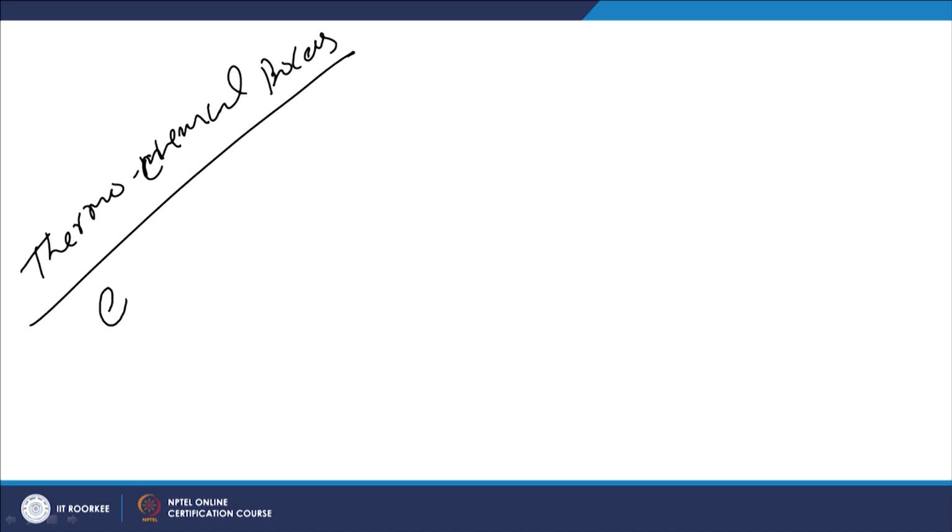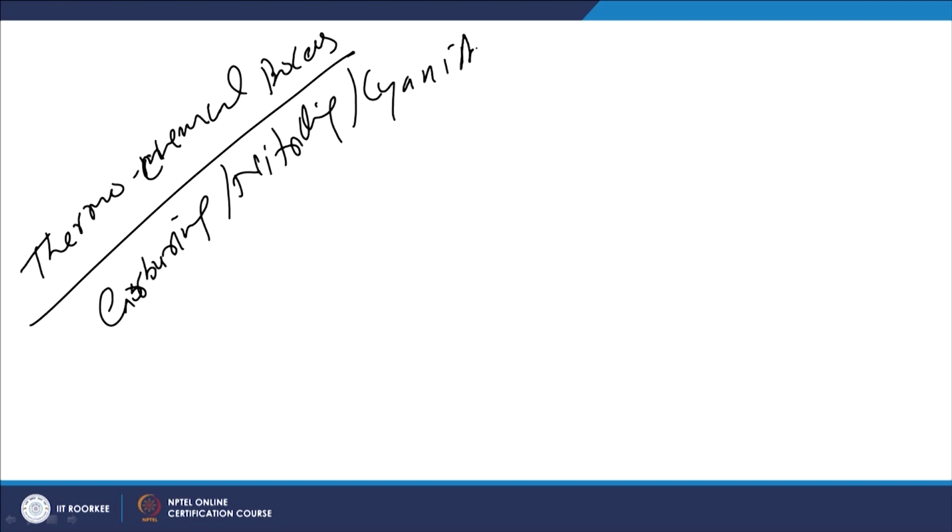Then another category of the processes is thermochemical processes. So, in this category we have carburizing, nitriding, cyaniding, boronizing.